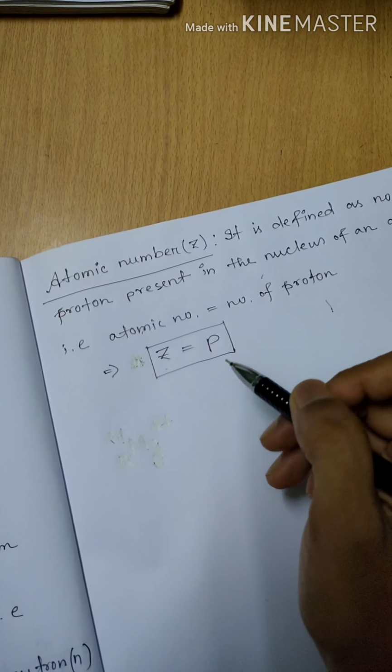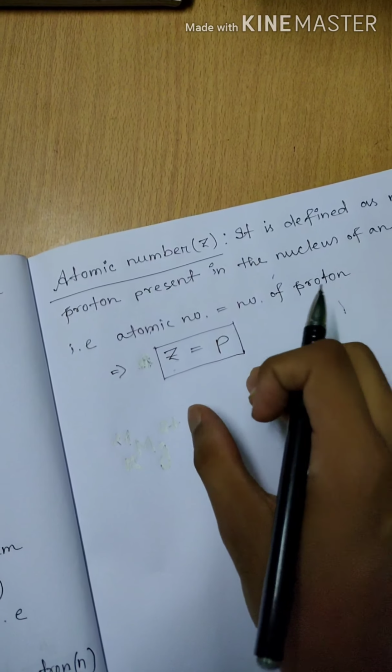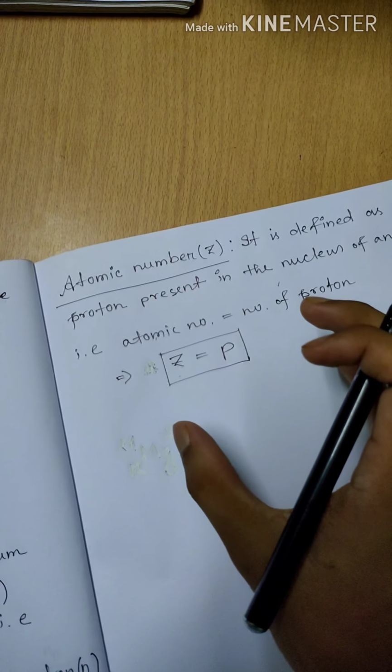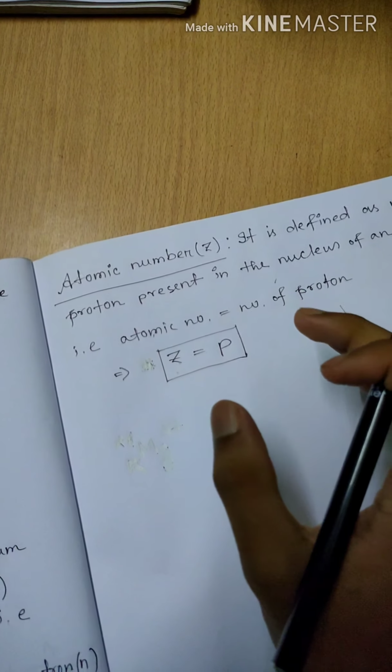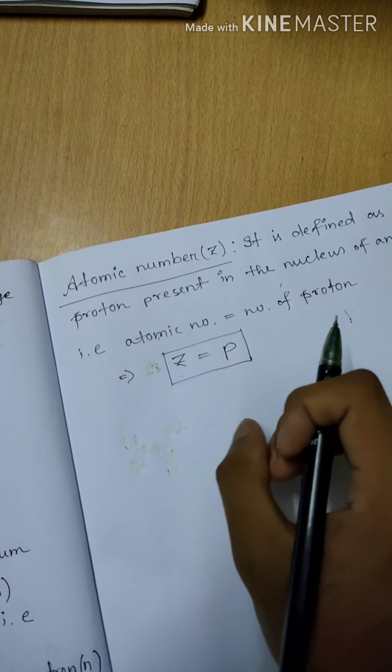So here we have one formula for finding the number of protons. Now we need a formula for finding the number of electrons. How shall we calculate the number of electrons present in any atom?